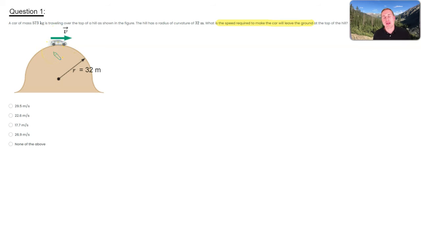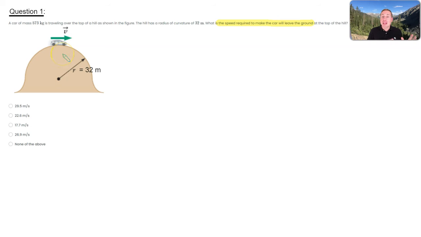The normal force becomes zero. And you may say, well, what about the actual centripetal force? Well, ladies and gentlemen, one thing that you hopefully have learned is that centripetal force is not an actual force like the other force types. Centripetal force is another way to manifest the idea of a net force.